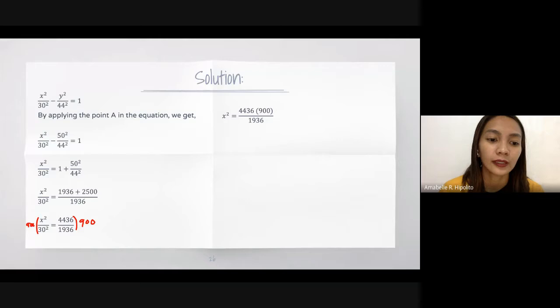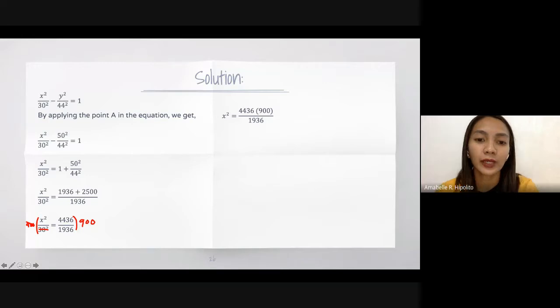Okay, so this one cancels. That's why here, we just have x squared is equal to 4,436 times 900 all over 1,936. So, let us simplify. So, x1 is equal to 45.41 meters.